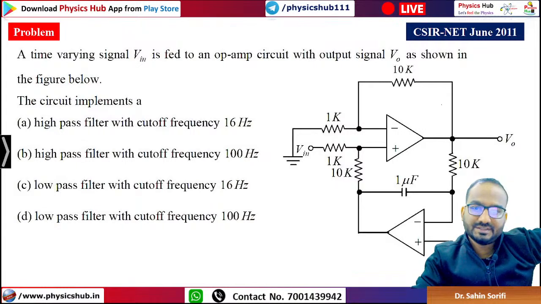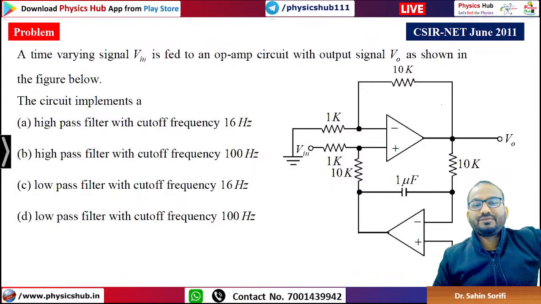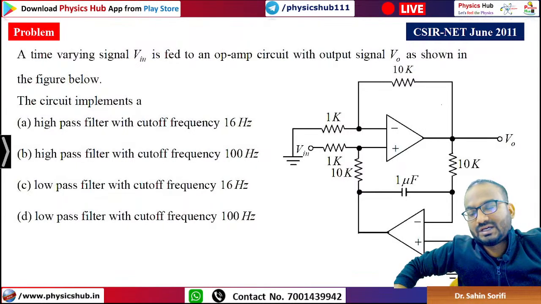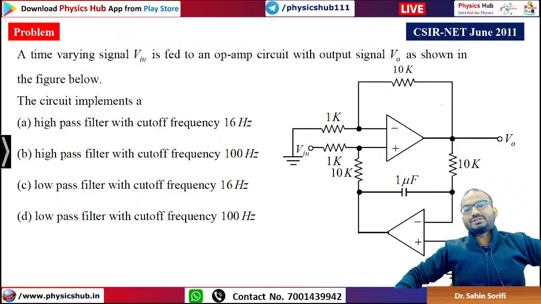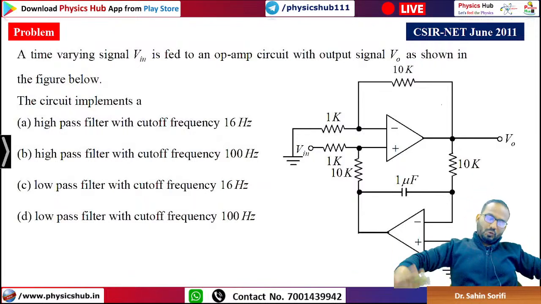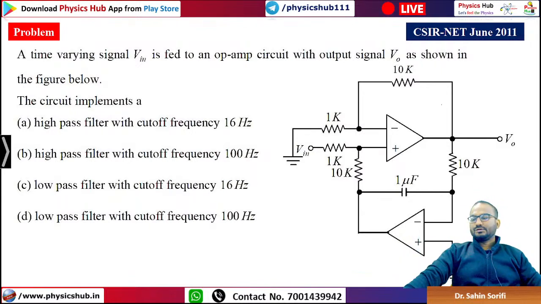A time varying signal Vin is fed to a circuit with output signal V0. The circuit implements it. So it's a combination of two concepts, filter and OPAMP. Using OPAMP, a filter has been designed, high pass filter, low pass filter.